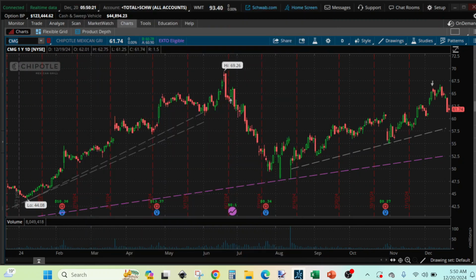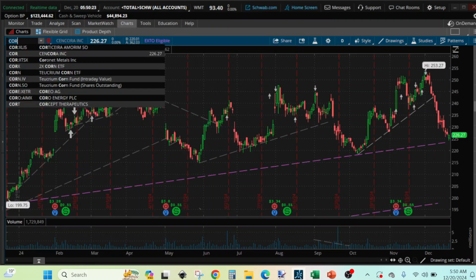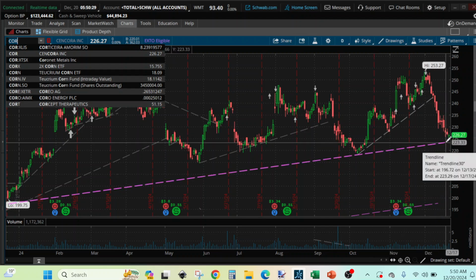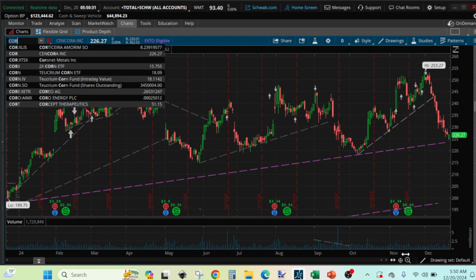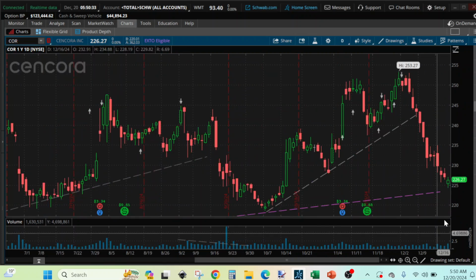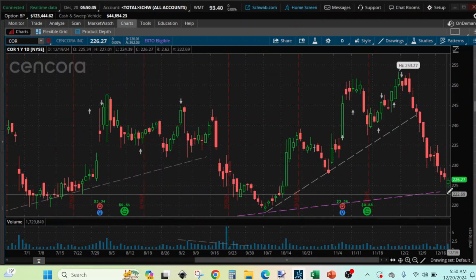COR, we are aiming for that line, and it's right there. It's touching base with it. Now we'll wait for a pullback. It's going up in some way.